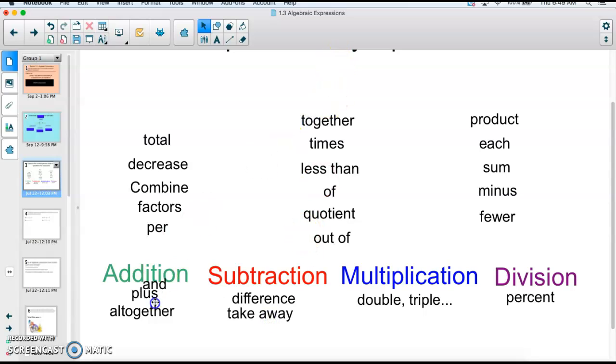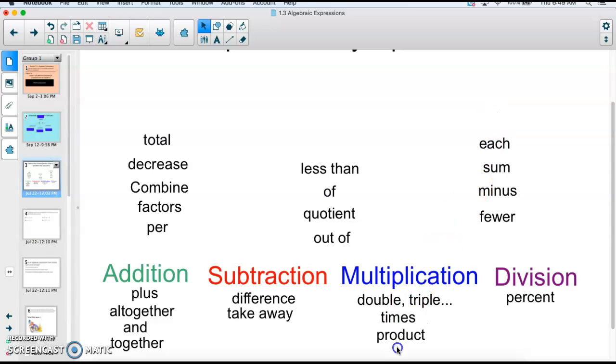All together, addition, because you're like adding them all together. Take away would be subtraction, so I'm kind of jumping around here. And would be addition. So usually it's like the sum of 2 and 4 get added together. It's usually included in that type of sentence. And along those lines, together would be addition. Times, that's an easy one, that's multiplication. Product, that's the result of multiplication, so that means that it needs to be multiplication.